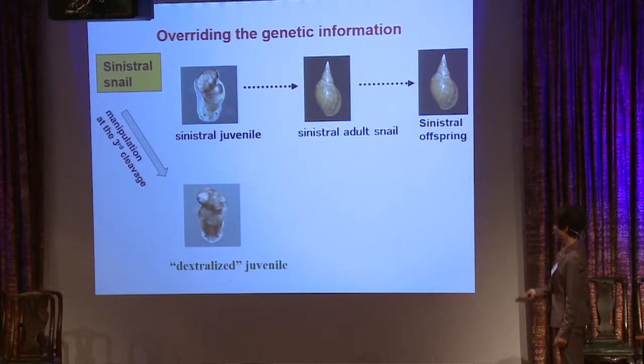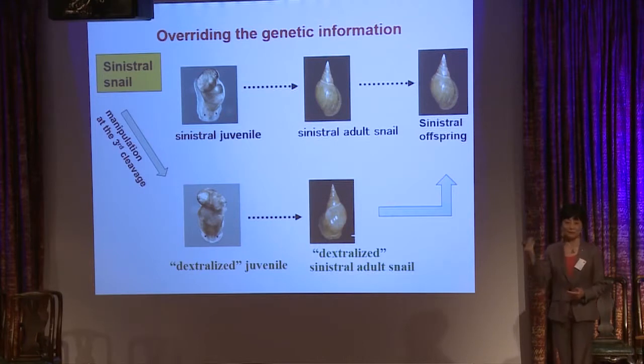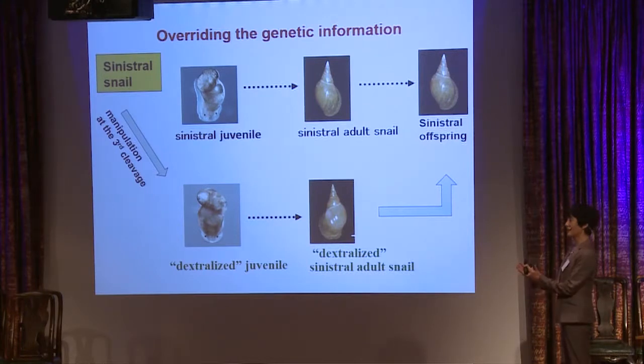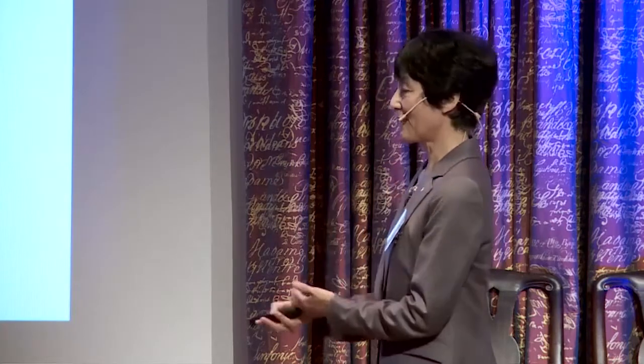Now, it becomes a dexterized juvenile, a dexterized sinister adult snail, but I haven't done anything to the gene. So it goes back to the chirality dictated by the gene. So it's really fascinating, isn't it? So it goes back to the original chirality. So we haven't done anything to the DNA, but we can change the chirality.